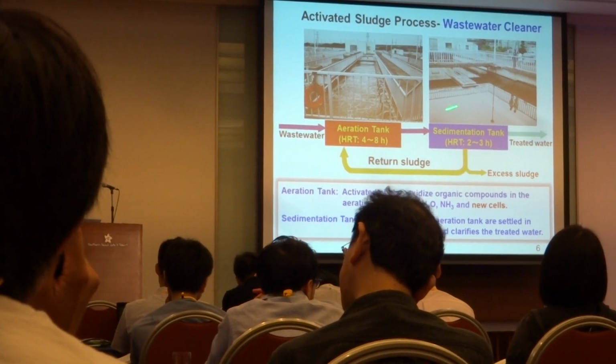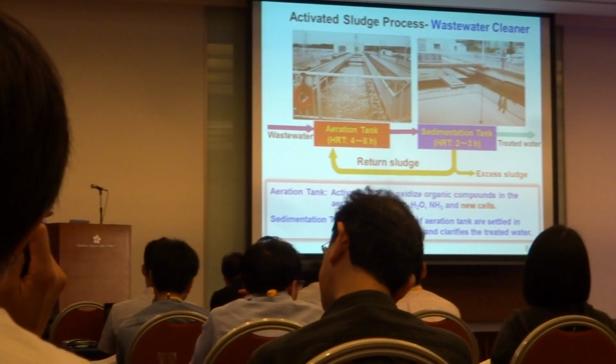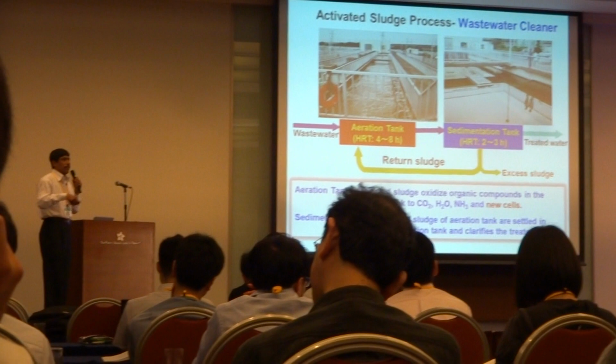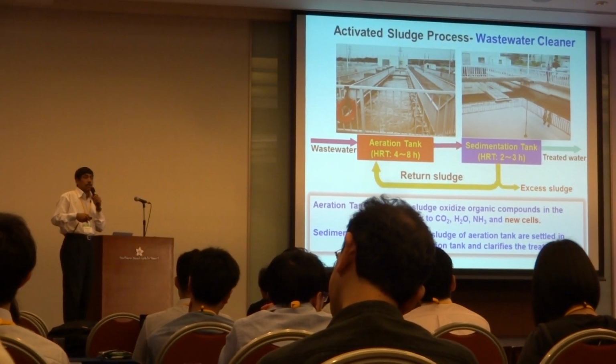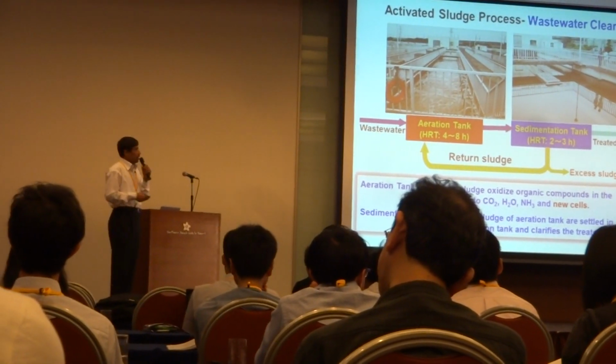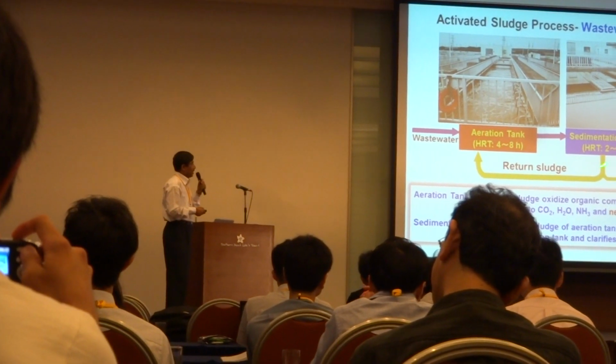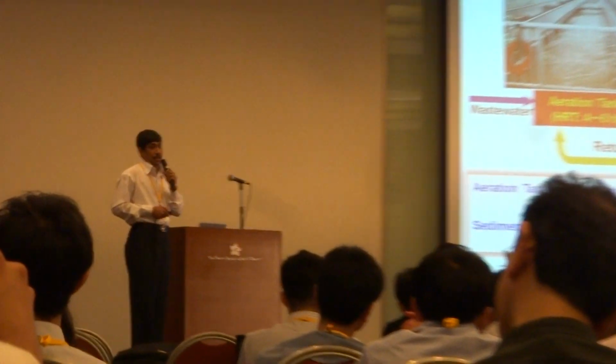After sedimentation, the treated water comes out. During this process, since it's a biological system, new cells develop, so we need to withdraw excess sludge. About 20% of the organic compound consumed by the microorganisms becomes sludge. Dumping the excess sludge is the big problem to address.